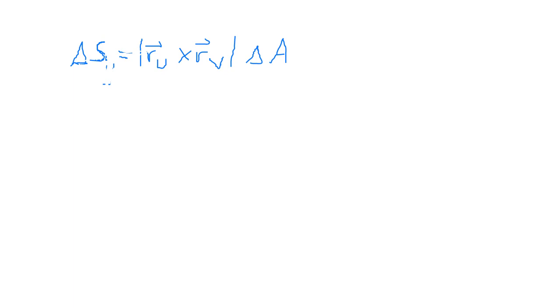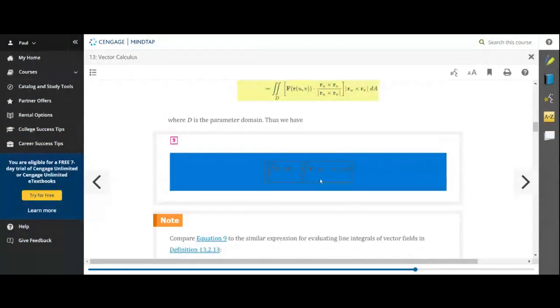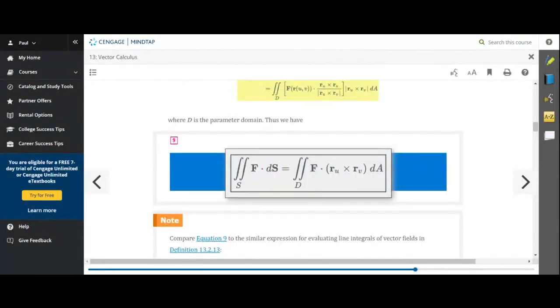And so then, the flux integral is equal to the double integral over region D of the dot product of those two vectors, the vector field F and the cross product between the derivatives of the vector of two parameters.